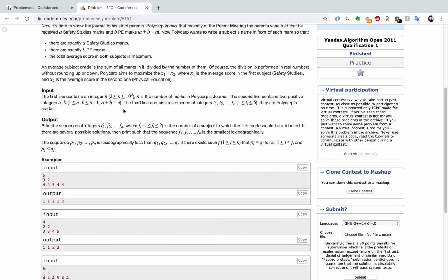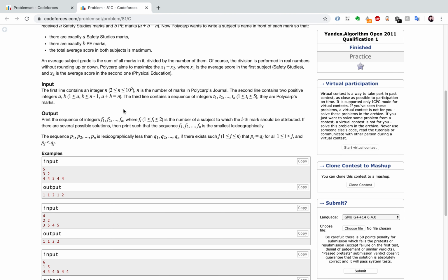Okay, that is fine, but their TI is at most 5. That means we have been given n numbers. We need to divide them in two sets, S1 and S2, and we aim to maximize the sum of S1's and S2's averages.